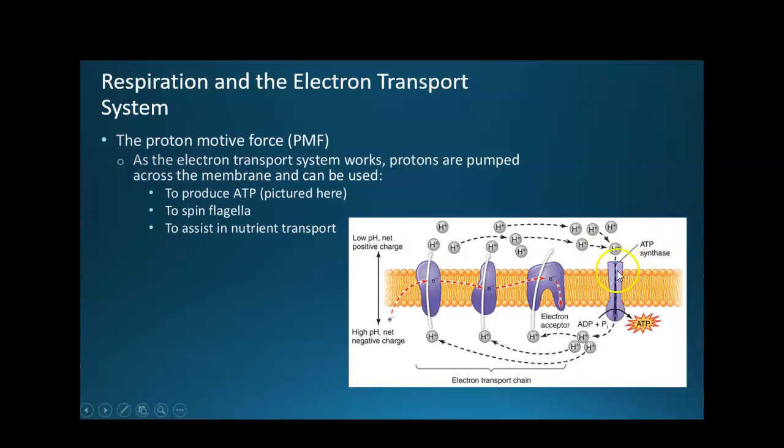It's by moving through an enzyme called ATP synthase. And here's where your payoff comes in. As these protons diffuse back across the membrane through ATP synthase, it uses that energy of motion, the movement of those hydrogen ions or protons, in order to phosphorylate ADP. ADP picks up a phosphate group and we make our ATP.